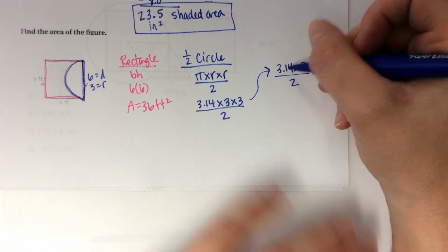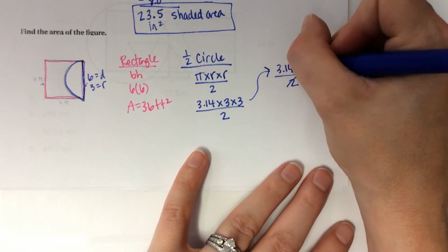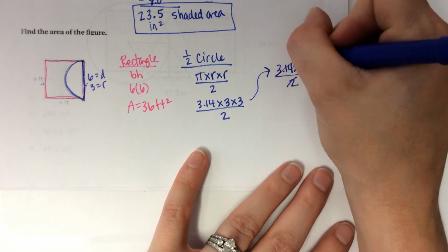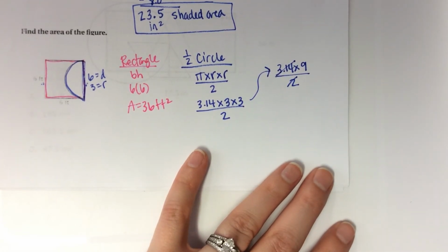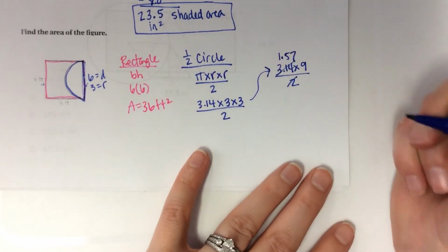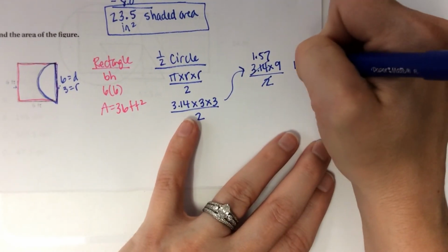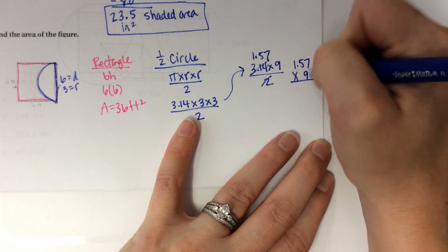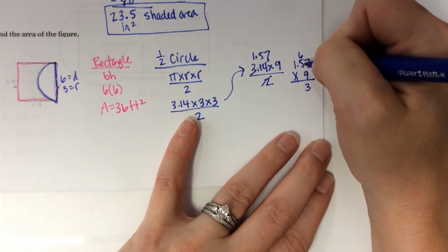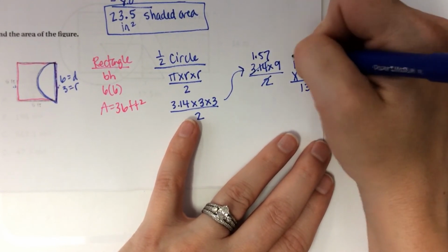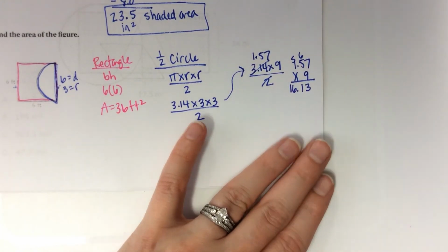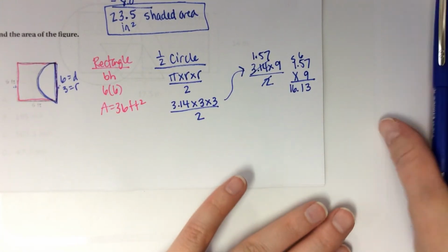I'm going to take half of pi because it ends in a 4. That's even, so I know it's divisible by 2. And pi divided by 2 is 1.57. So now I need to do 1.57 times 9. Oh, I just messed that up. I'm sorry.